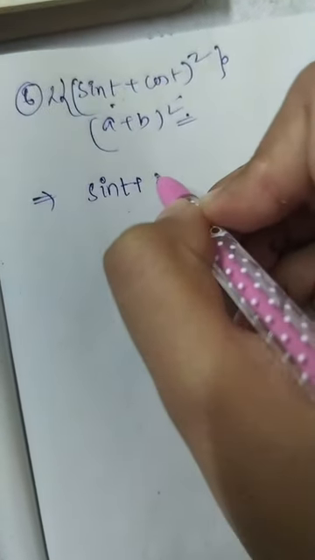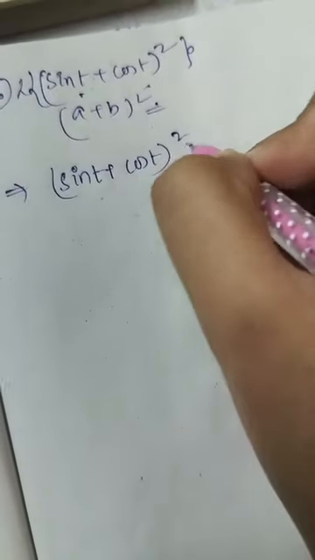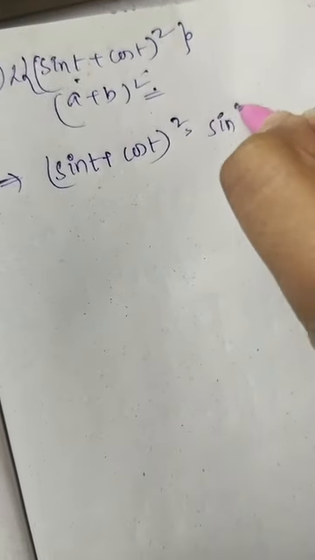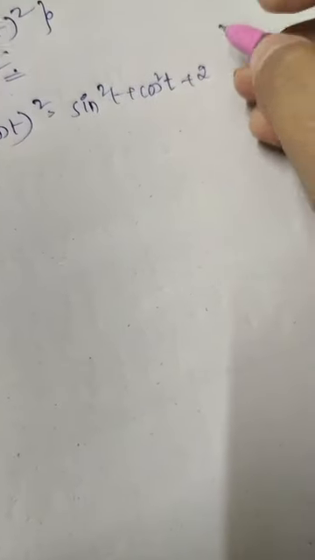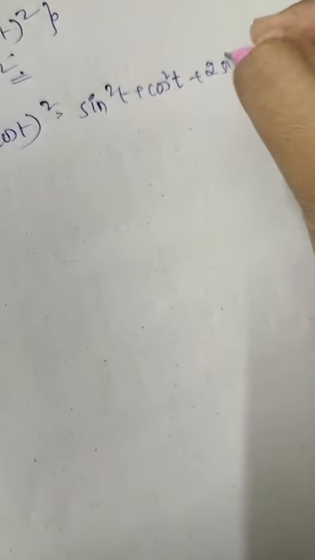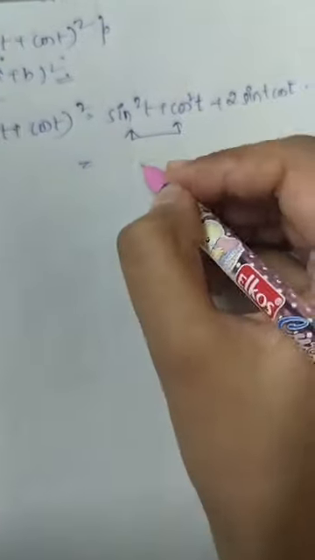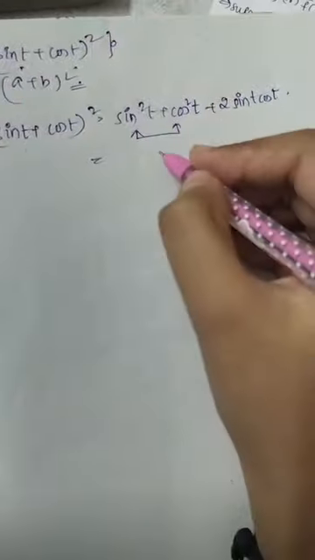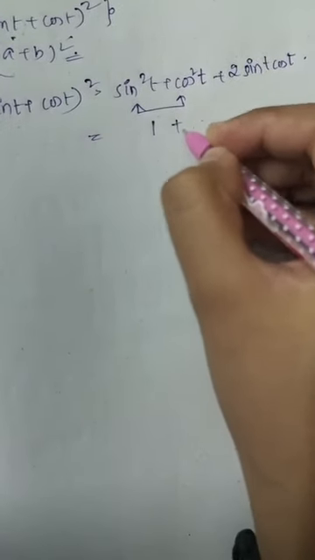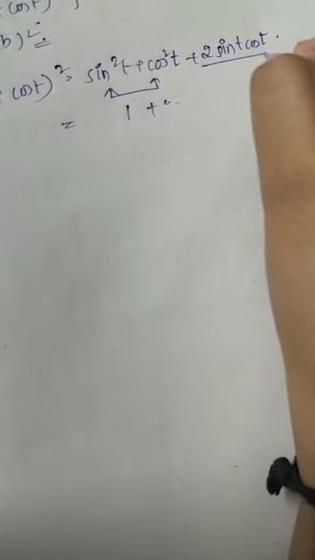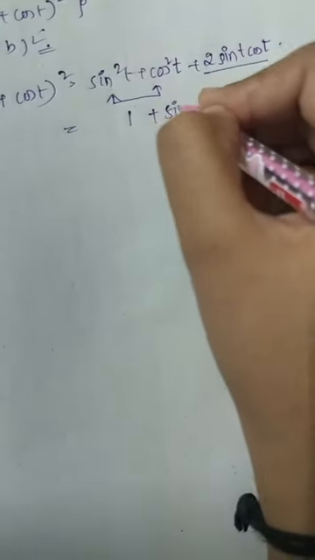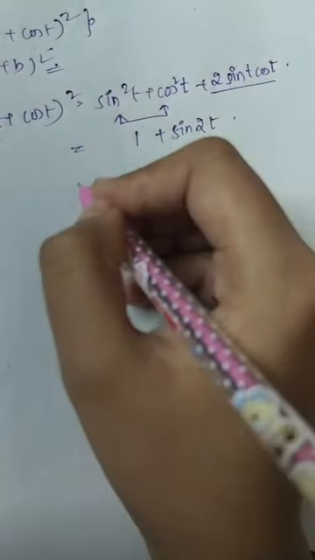Sin t plus cos t whole square is equal to sin square t plus cos square t plus 2 sin t cos t. Now what is the value of this? It is 1 plus, what is this 2 sin a cos a? It is sin 2a, so sin 2t it is.